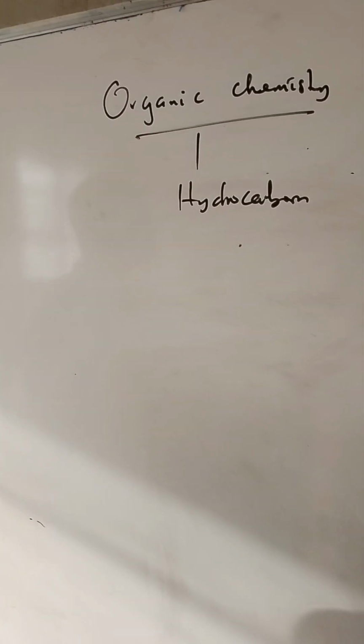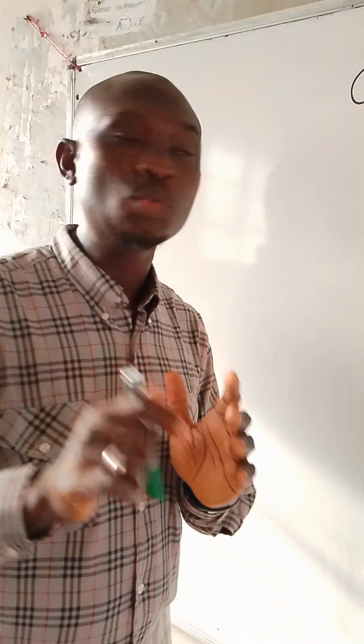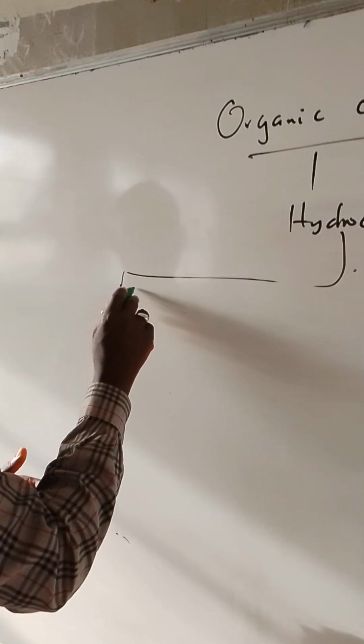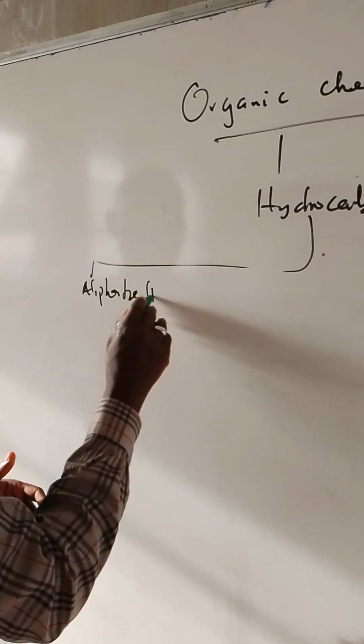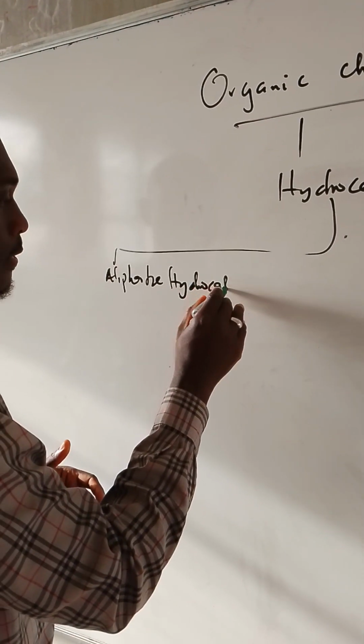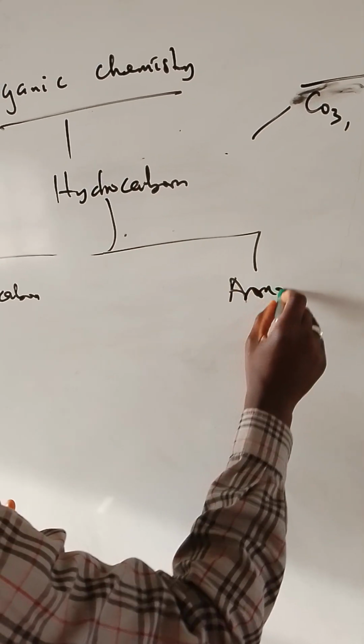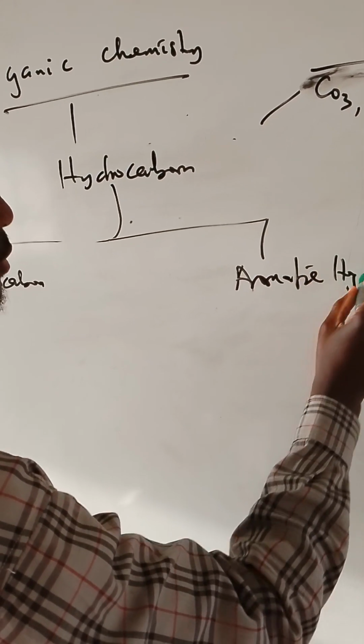These hydrocarbons are basically subdivided into two: aliphatic hydrocarbon and aromatic hydrocarbon.